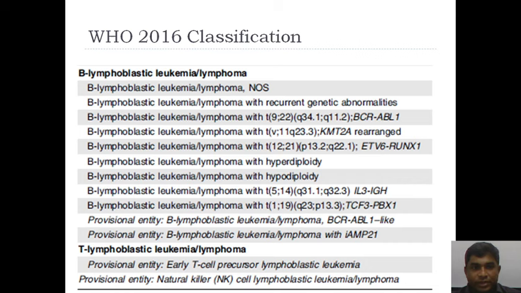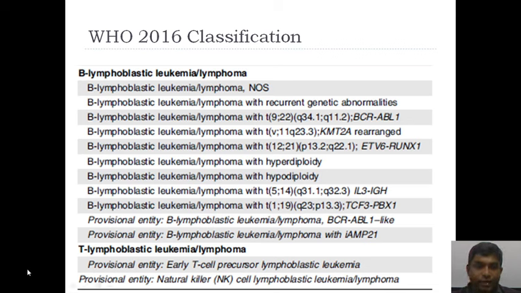The recent and widely followed classification is the WHO classification of hematopoietic tumors. So the WHO provides an extensive list of categories of all hematopoietic tumors, including acute leukemias. In acute leukemias, it provides different categories of acute lymphoblastic leukemias as well as acute myeloid leukemias.